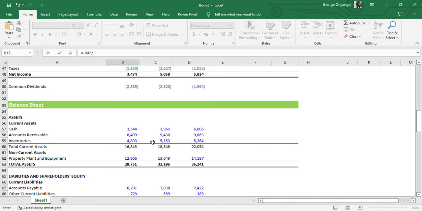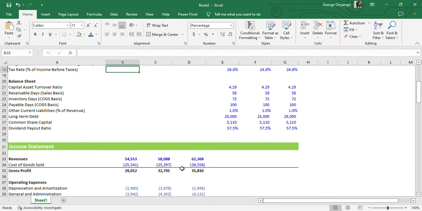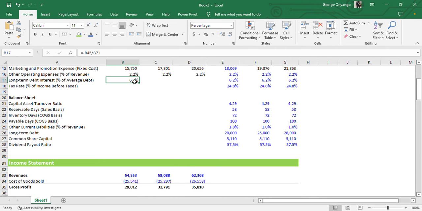The average debt we get from the liabilities, that is this one here. So we get that to be 6.2%. And they also predict that their long-term debt interest will be at 6.2% of the average debt.